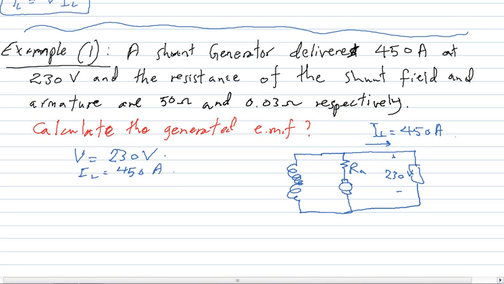The resistance of the shunt field and the armature are 50 and 0.03 respectively, which means that the shunt resistance is 50 ohms and the armature resistance is 0.03 ohms.